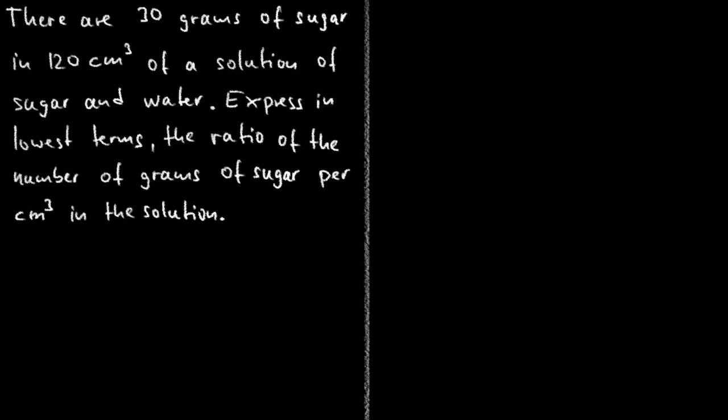There are 30 grams of sugar in 120 cubic centimeters of a solution of sugar and water. Express in lowest terms the ratio of the number of grams of sugar per cubic centimeters in the solution. Because of per cubic centimeters, the cubic centimeters comes on the bottom of the fraction.